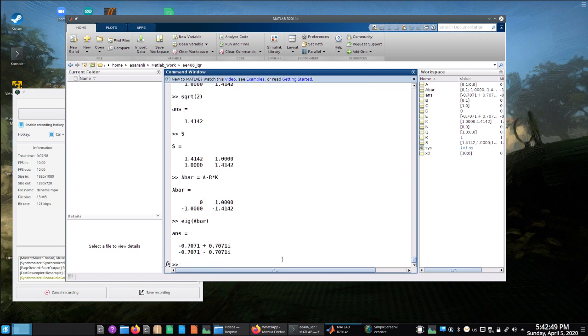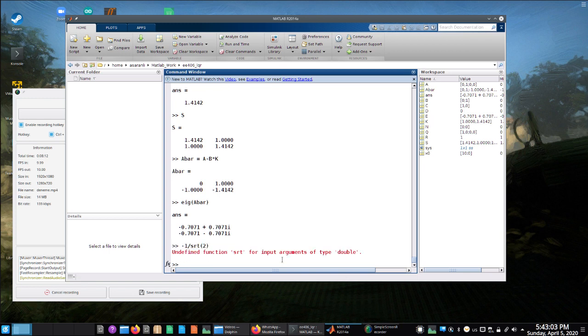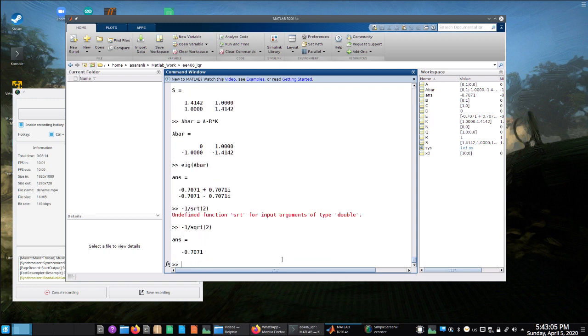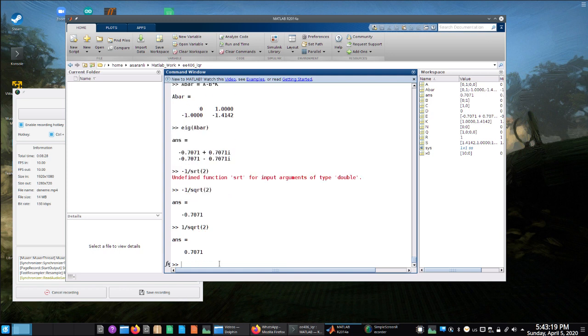And if you take a look at our calculation before in the example, we had the real part as minus 1 over square root of 2, which verifies the real part of our poles, and the imaginary part was plus minus 1 over square root of 2, and that is also verified. So that verifies our example as well.